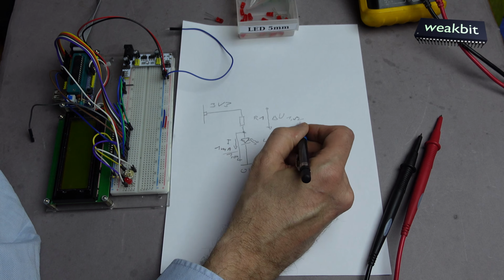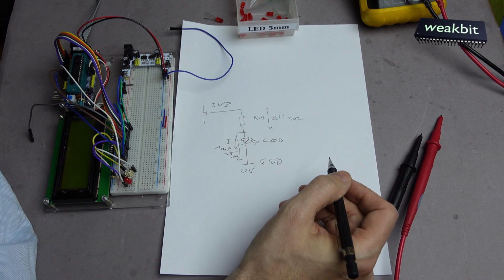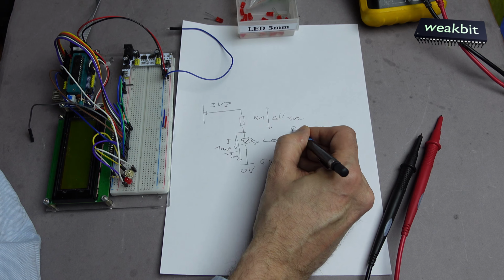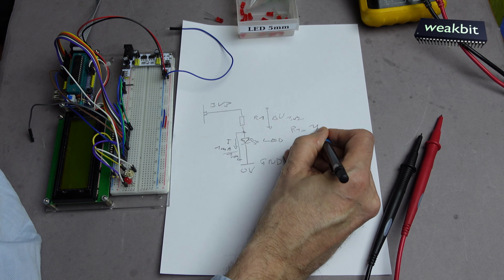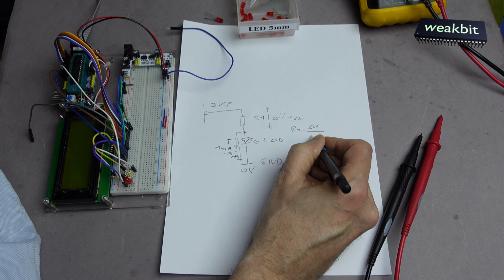1.5 volts divided by the current, and we have the resistor. The resistor is very easy. R1 is delta U divided by the current. It's 1 milliampere.